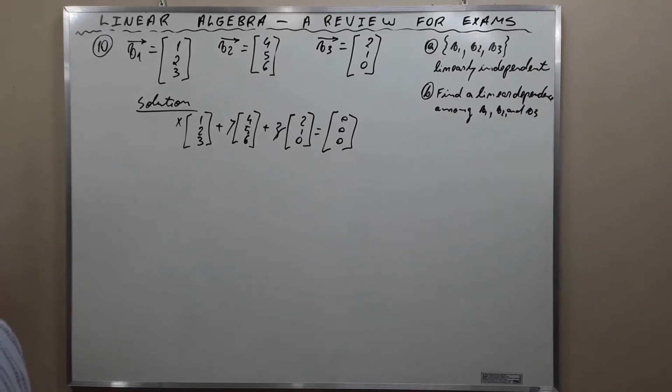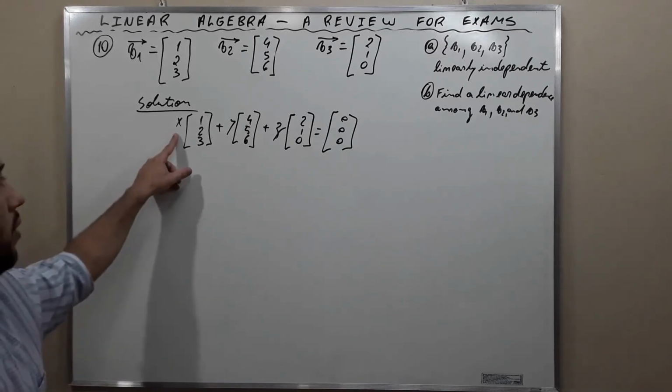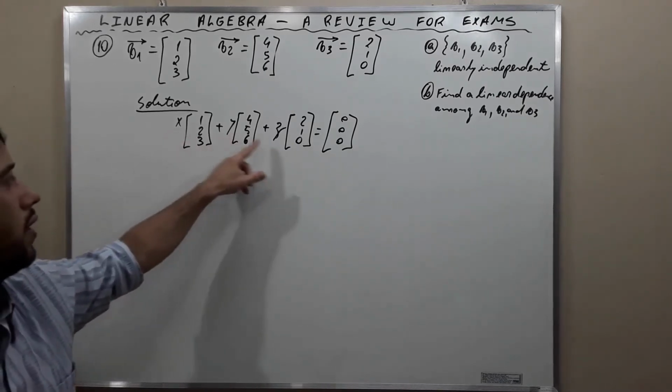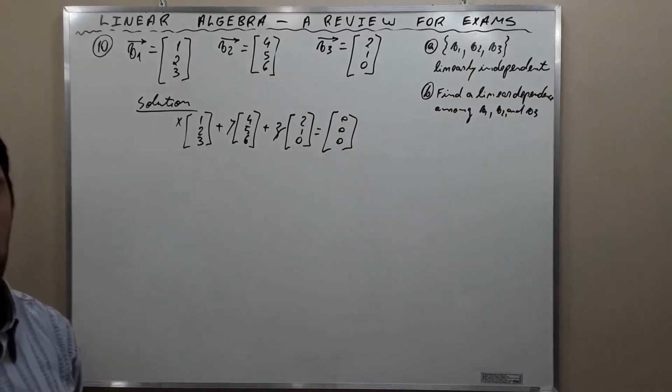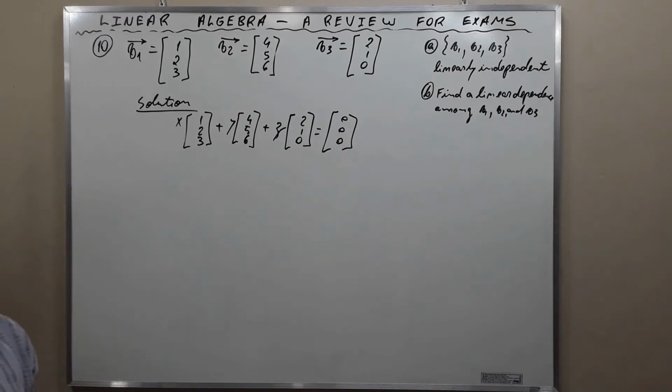What is, first of all, the trivial solution? The trivial solution is when x, y, and z are 0, but we are not interested in this solution. We want a non-trivial solution to this vector equation, okay? And to find this non-trivial solution, we will need to use the augmented matrix.